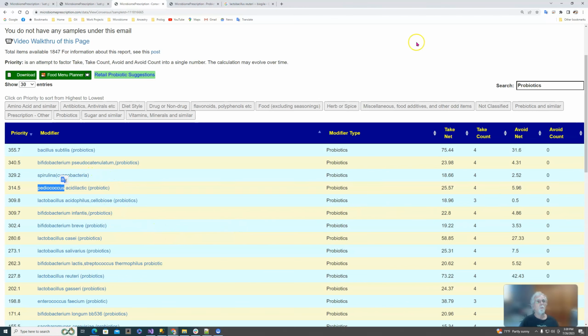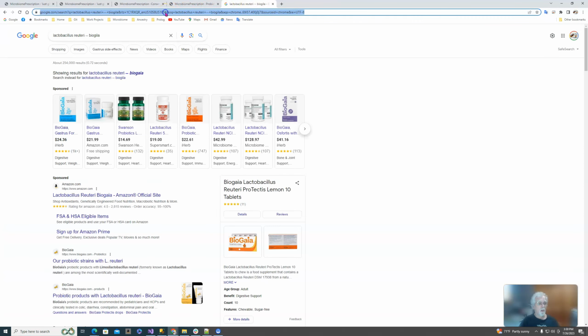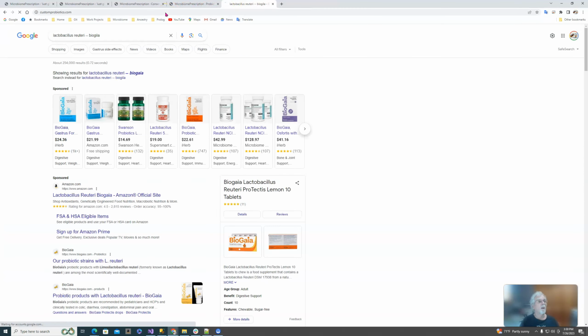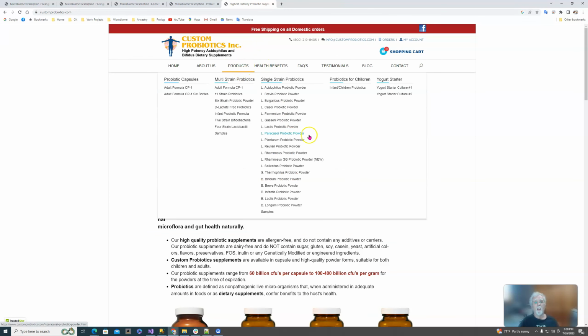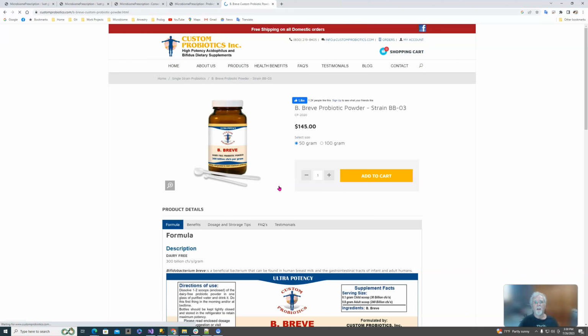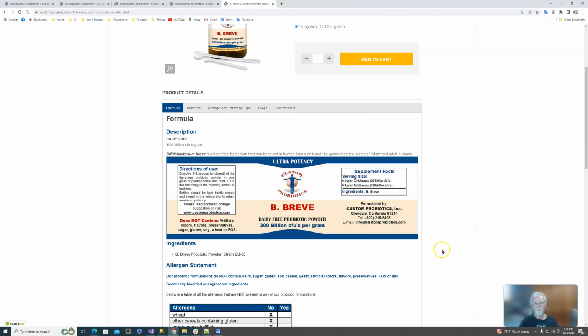My own usual preference is to go with the best source, and right now the best source is Custom Probiotics, and it has things like Bifidus brevis sitting there. They're expensive, but the number of dosages you get is pretty big, and the dosage is significant.